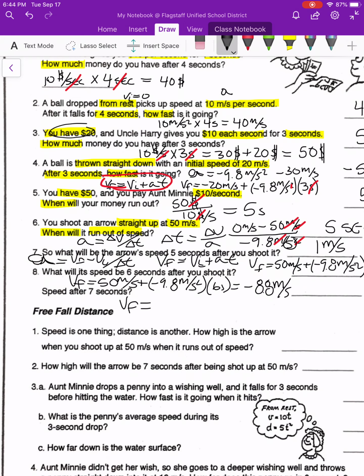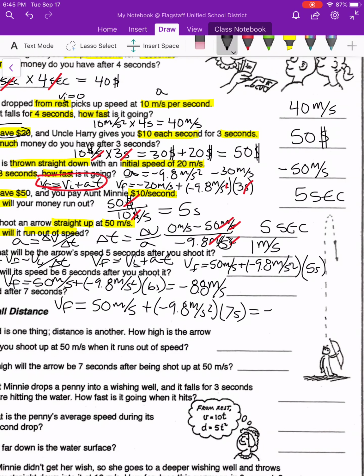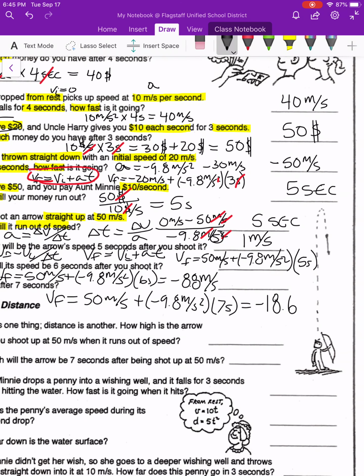V final is 50 meters per second plus negative 9.8 meters per second squared times 7 seconds. 9.8 times 7 seconds minus 50 is negative 18.6 meters per second.